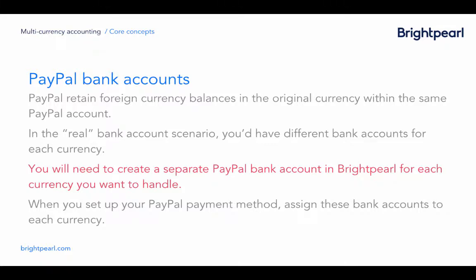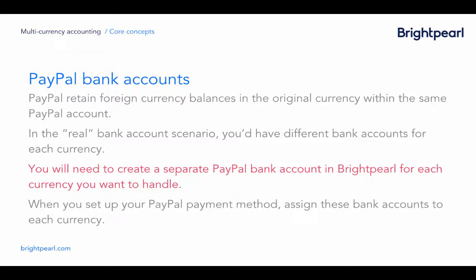So PayPal is not like other bank accounts, because PayPal actually retains the foreign currency value of the money within PayPal, and it only converts to base upon your request. So what we suggest in Brightpearl is you actually create a separate bank account in Brightpearl for each of your PayPal currencies.